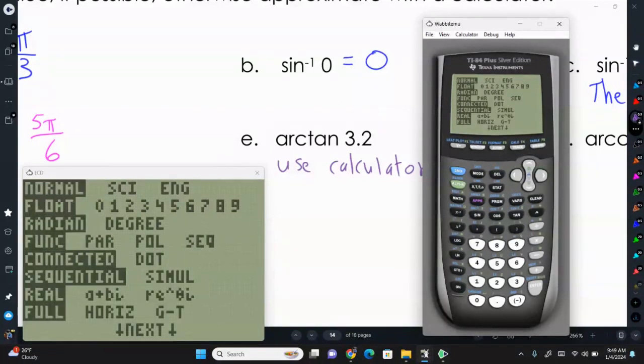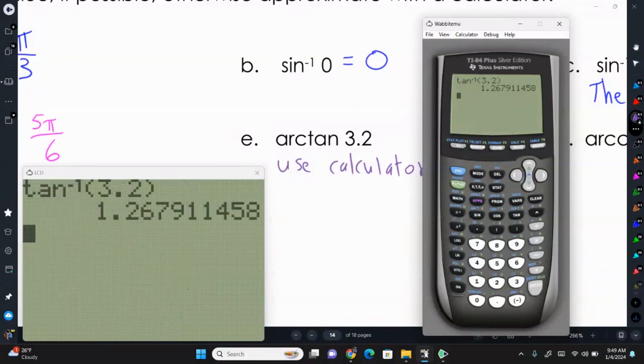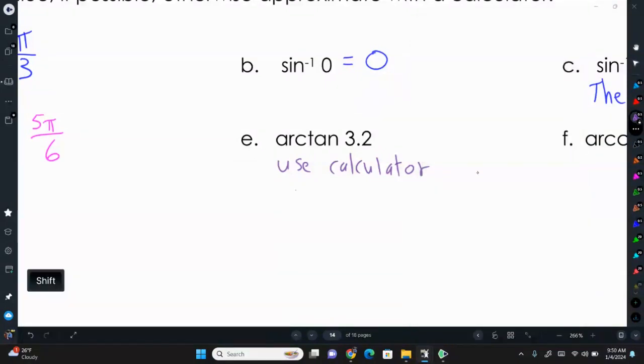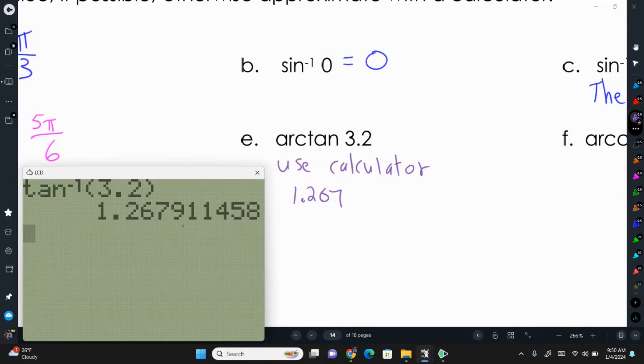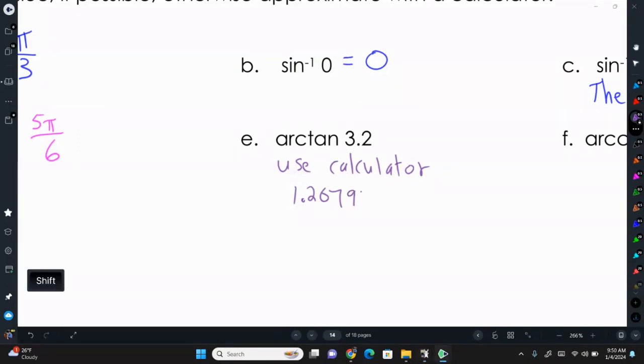Make sure we are in radian mode. Round to 4 decimal places. Do we have to round up that 9? No, we don't. So it's going to stay 9.